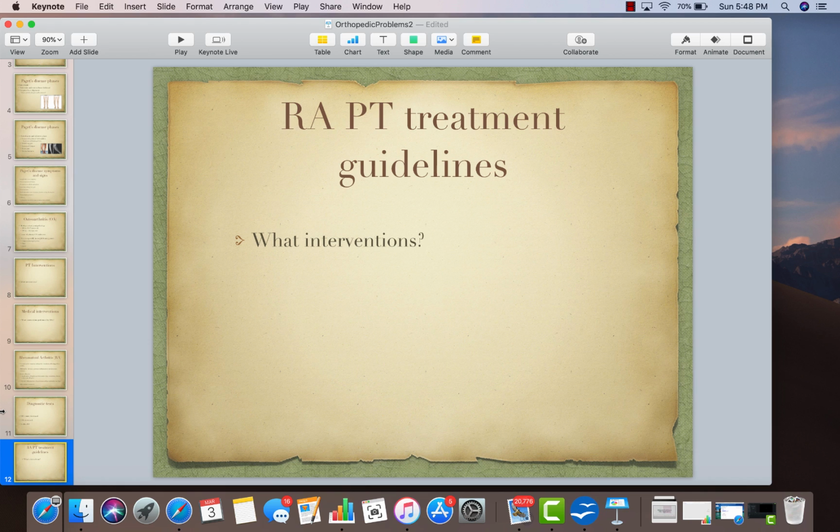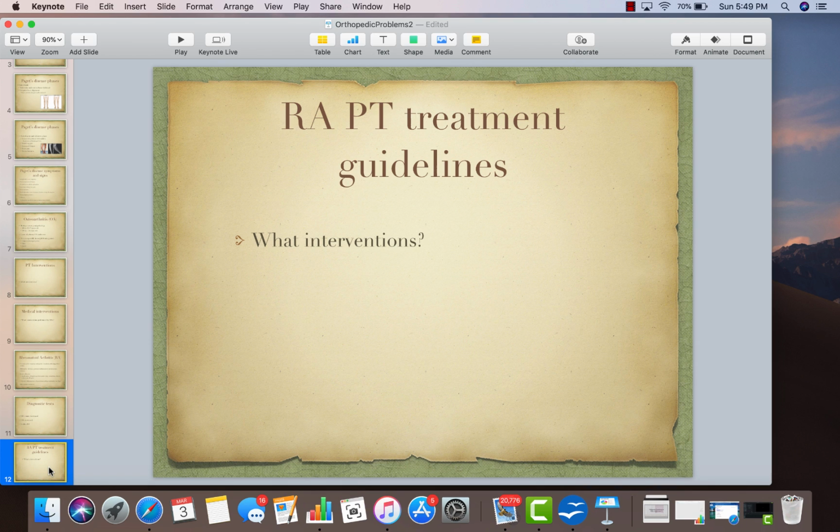Some of the treatment guidelines, again, take a moment and think about some of the things that you do for your rheumatoid arthritis patients and what's important. Well, naturally, it's important if they're in an acute inflammatory phase. In that phase, what might we do? Probably things for joint protection, right?